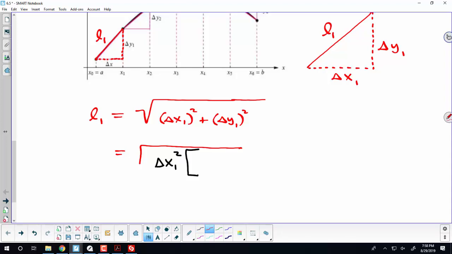So what is that going to leave us with after we factor that out? 1 plus delta y1 squared over delta x1 squared.